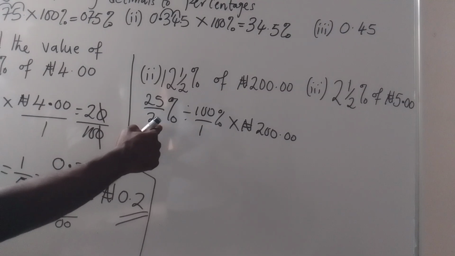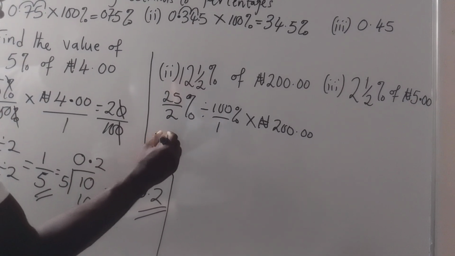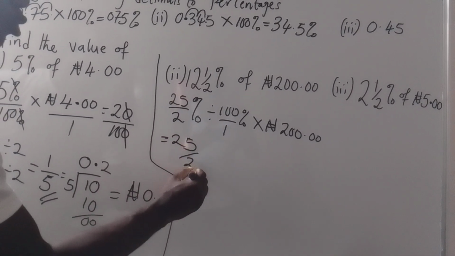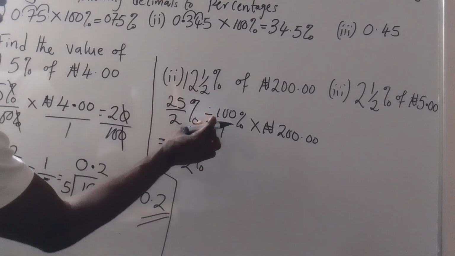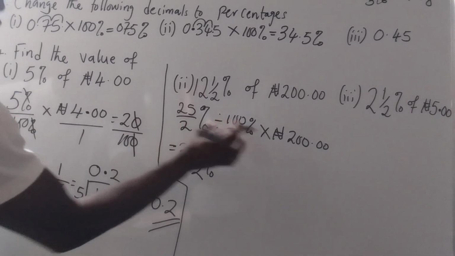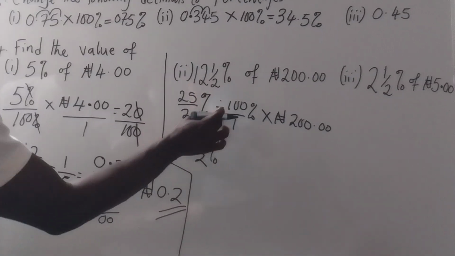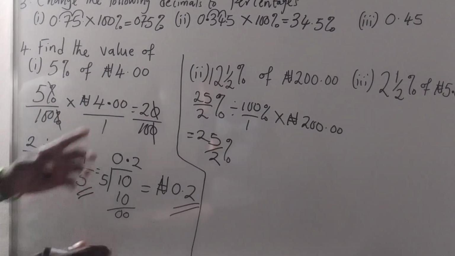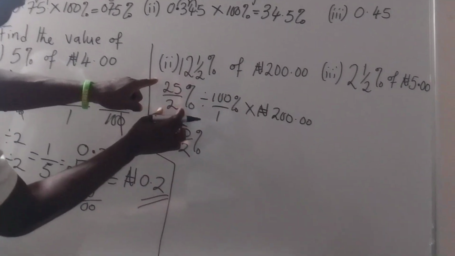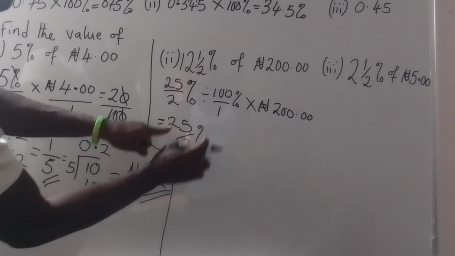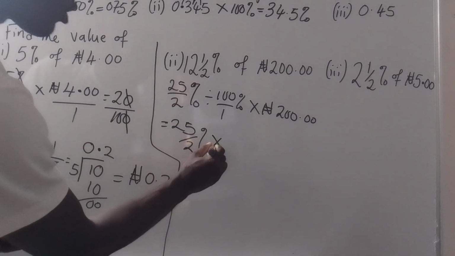Now, remember to write our percent under 100. Now, we have 25 over 2%. This is division. Anytime you see a fraction like this, something all over something, divide by something, the first thing to come to your mind is to do the reciprocal. First and foremost, write the first one the way it is. Then division changes to multiplication.